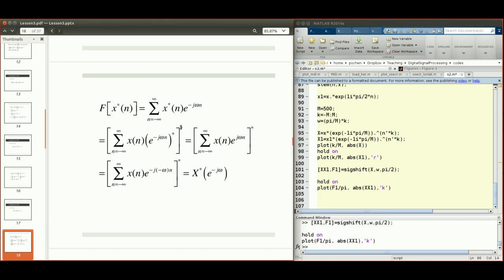Suppose you take this conjugation inside of this summation formula: you put the conjugation on x[n], and you recover x star[n]. And if you put the conjugation onto e to the minus j omega n, this star and this star are going to cancel out.